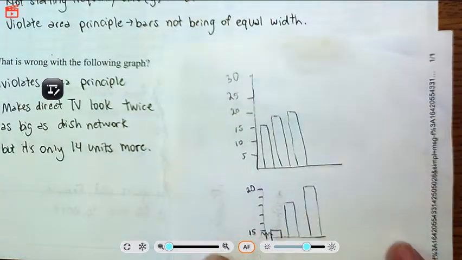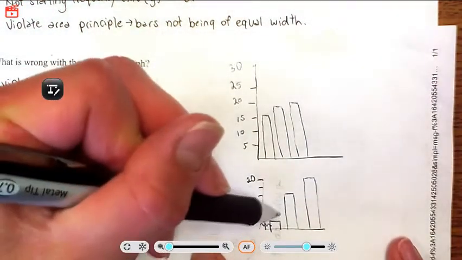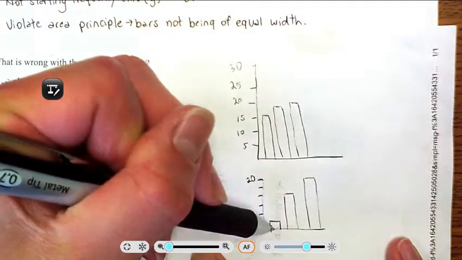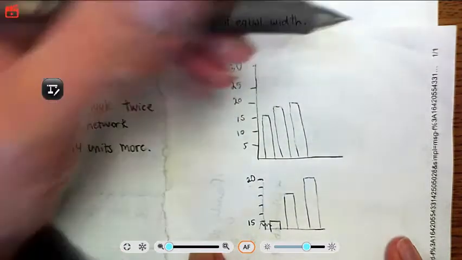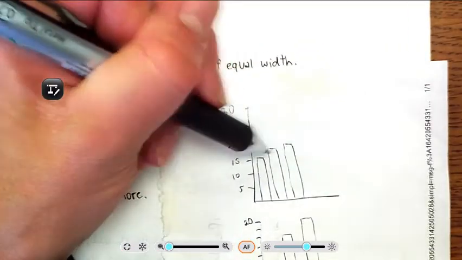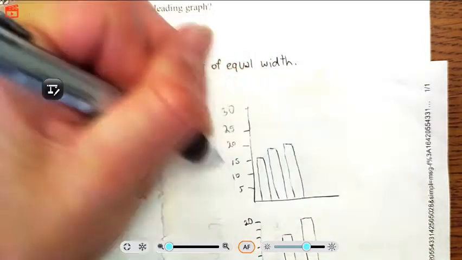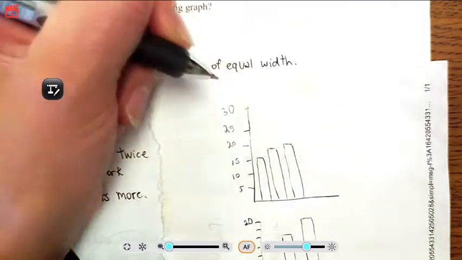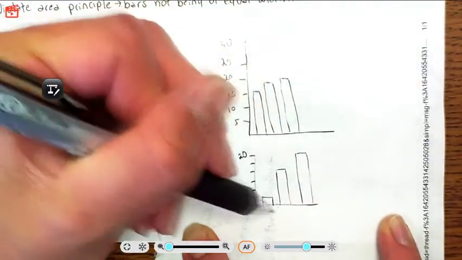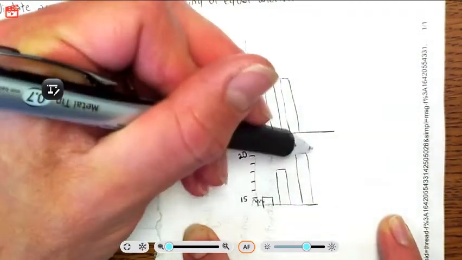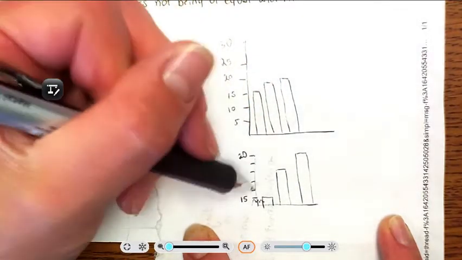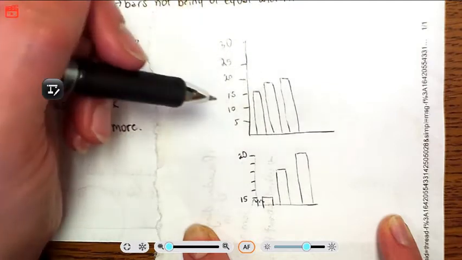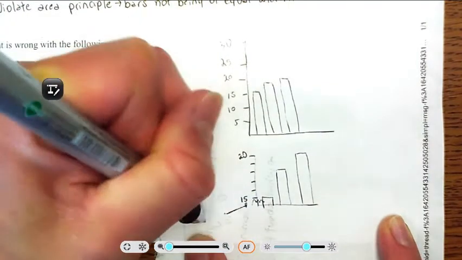This is a misleading graph because it makes the one bar look like it is 5 times bigger than the other bar, but really it's just a little bit higher, from 15 to 18 to 20. But here it looks like there's almost no people here and all the people here, or whatever object this is. So we need to make sure that we don't make this jump.